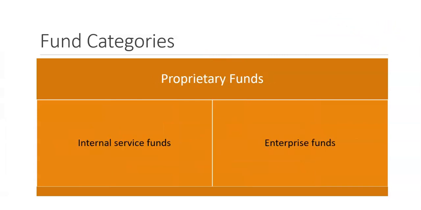Okay, our proprietary funds. We have two types of proprietary funds: internal service funds and enterprise funds. Internal service funds are for goods and services between departments within the same government. These are things like purchasing supplies, or a motor pool, a set of city-owned cars that employees can use for work purposes.